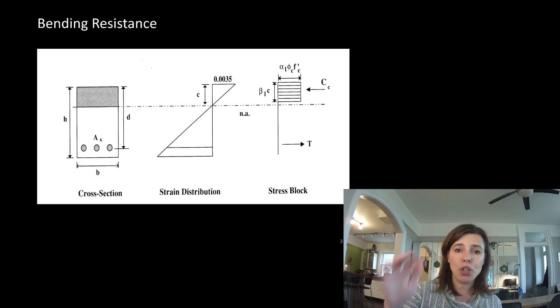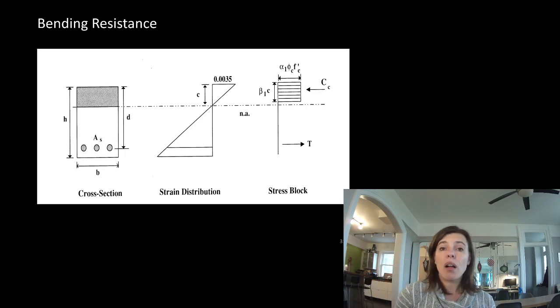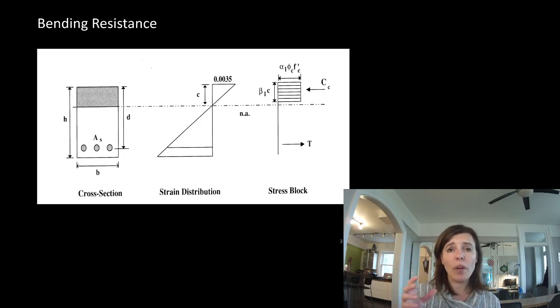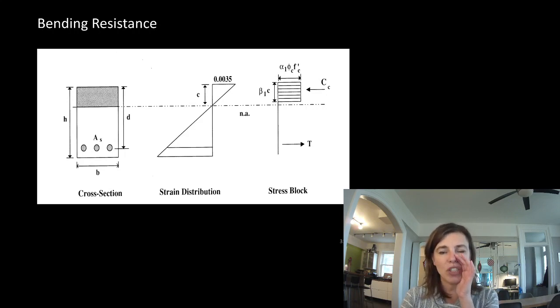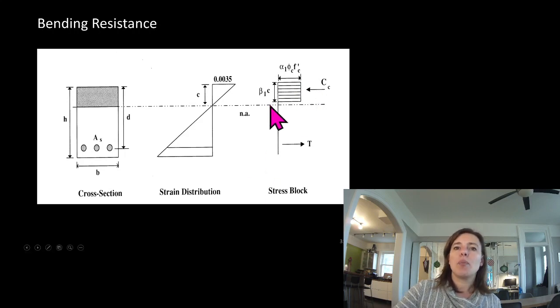So I'm just going to show you what this stress block looks like, or the cross-sectional stress profile of a reinforced concrete beam. This makes a good exam question. So that you can see that the compression's all up here in the concrete and the tension's all down here in the steel.